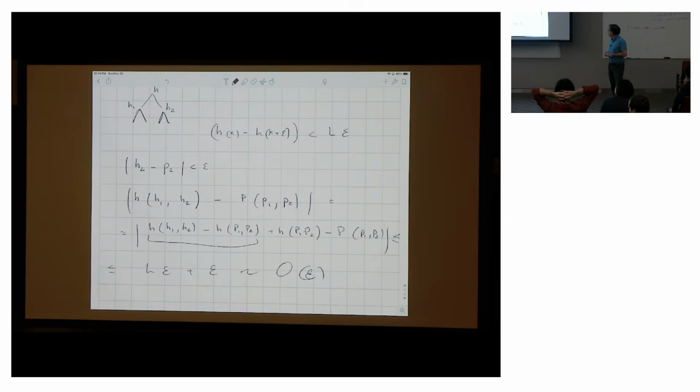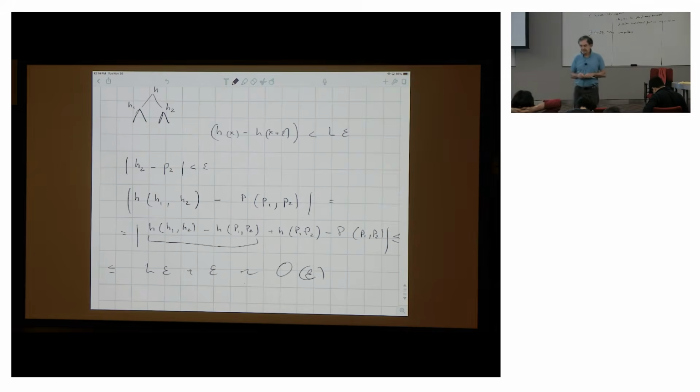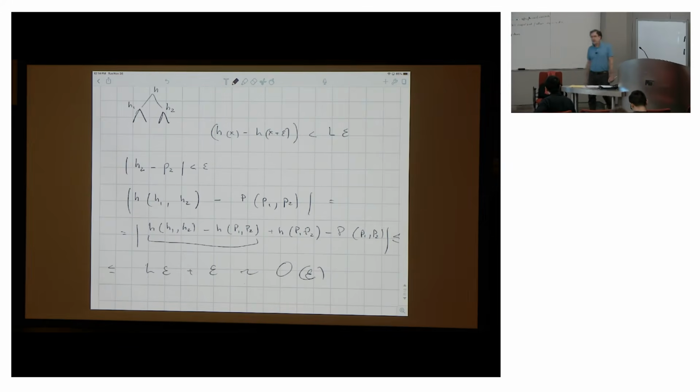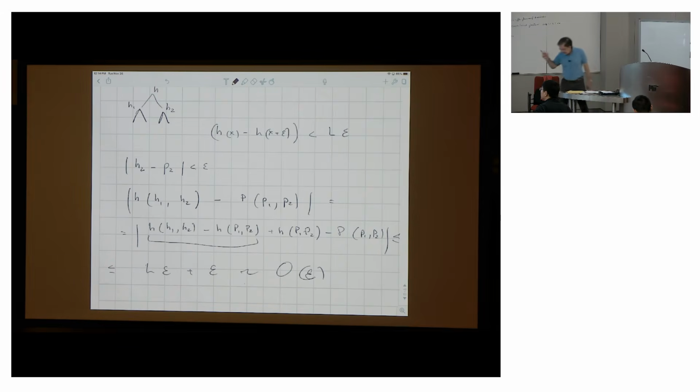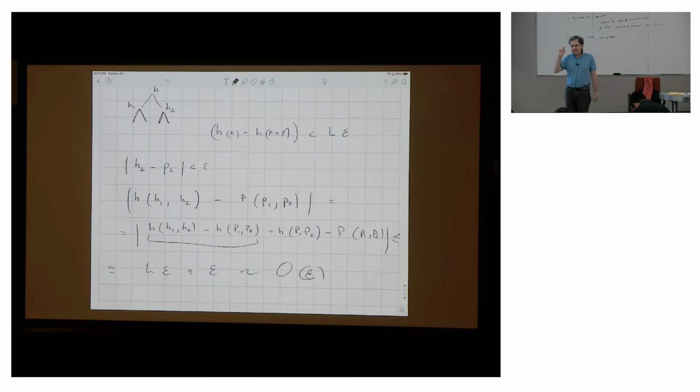Now, if you look at ReLUs, L is 1. But yes, this proof does work for ReLUs or other nonlinear functions. And for ReLU, an important thing that maybe I have not stressed is that we assume they are smooth, which is not true of ReLUs.